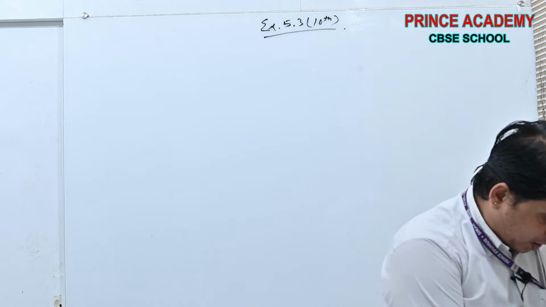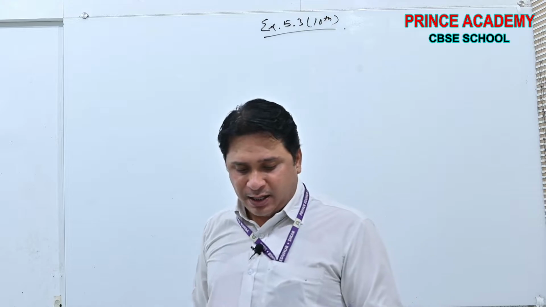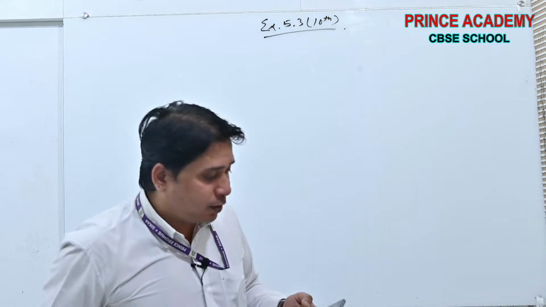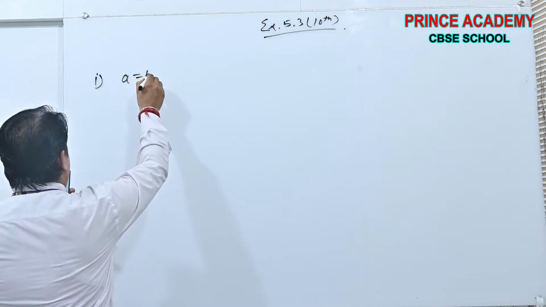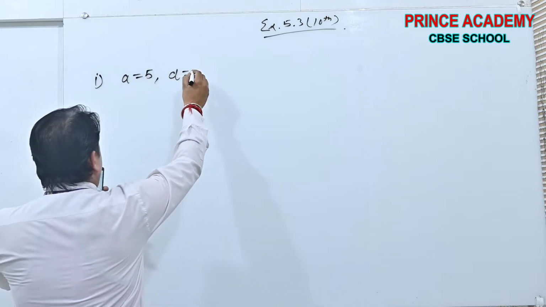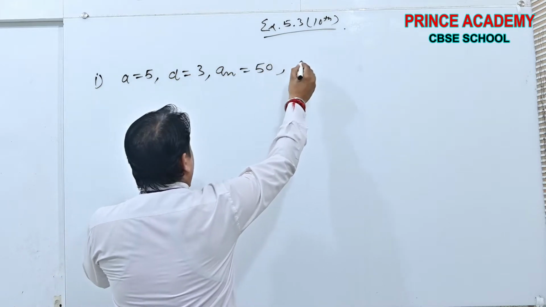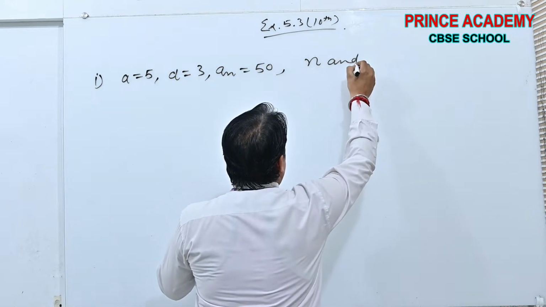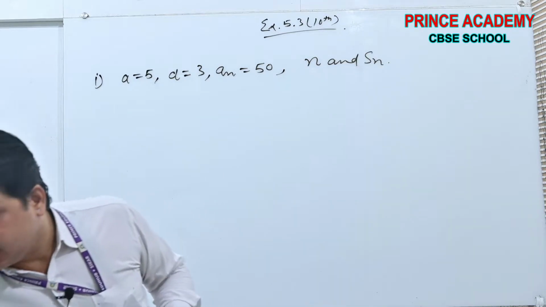Out of 4, 3 variables were given and one variable was asked. Okay, see in question number 3, part first, a is given 5, d is given 3, an is given 50. Find n and Sn. Just a minute.